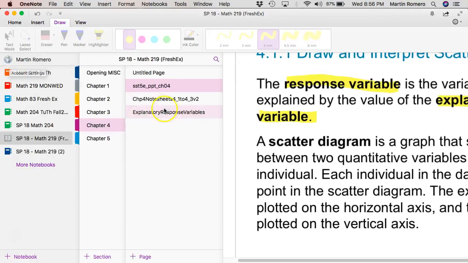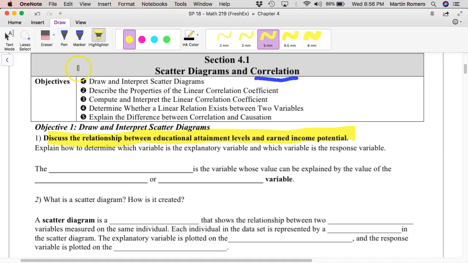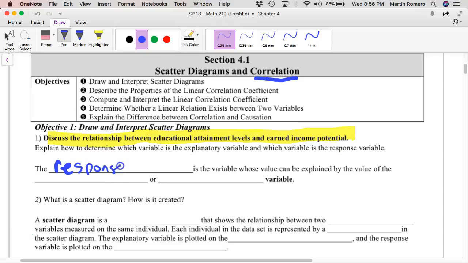And then in order to study those relationships, the response variable is the variable whose value can be explained by the value of the explanatory or predictor variable.